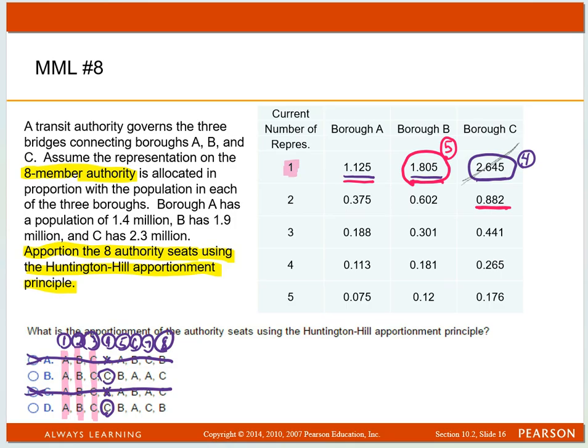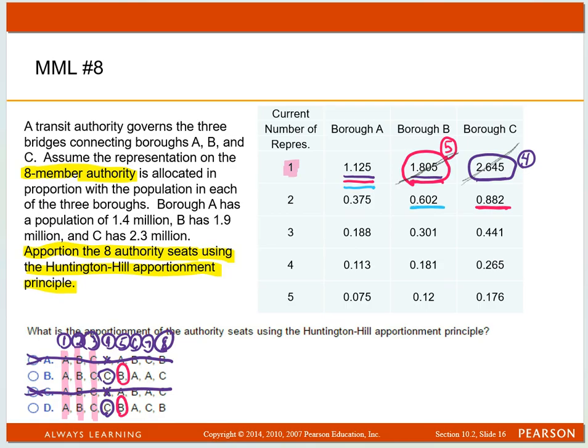And under the number 5, B and B, okay, they're both the same, which means I can no longer use this number. So now I'm going to compare, let's go with blue. I need to compare this number because borough A still only has 1 seat. I haven't used their Huntington Hill number yet. So I'm going to compare that one.